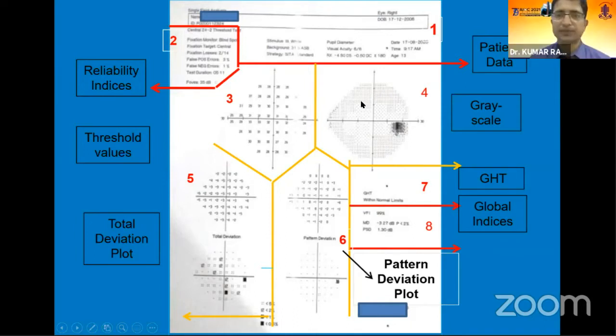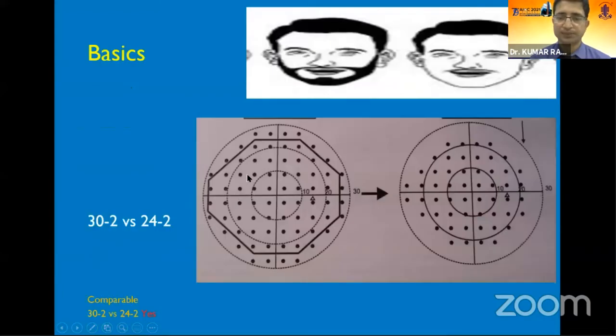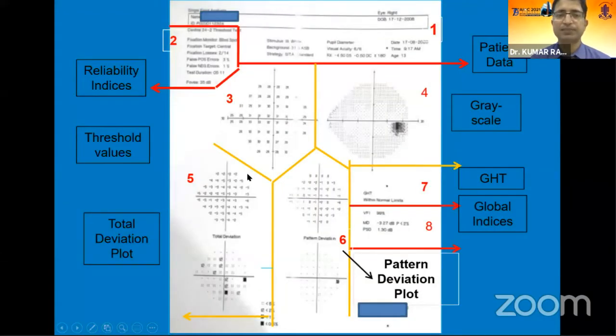And this we use for teaching the patients regarding how severe the disease is. In the fifth part, we have the total deviation plot, in which the patient's data is compared with the age-matched normal to show if there is any generalized depression of vision, say in cataract or in refractive errors. In the sixth one, we have the pattern deviation plot. In the pattern deviation plot, we would know if there are any localized areas of defect, especially in glaucomas.